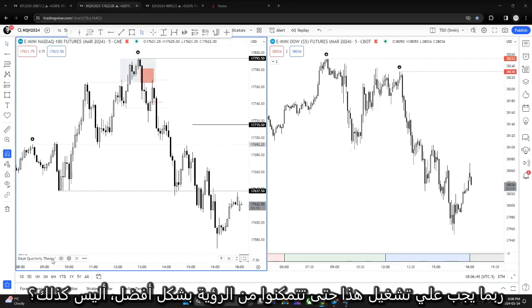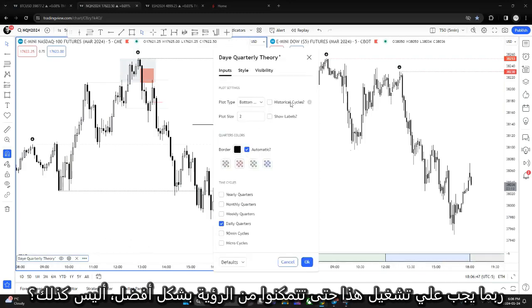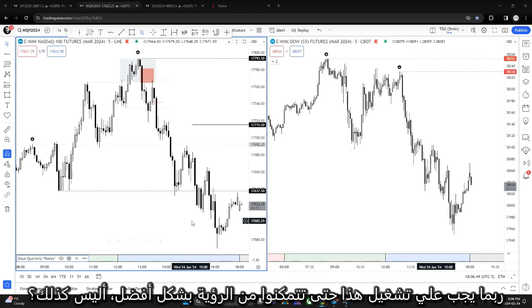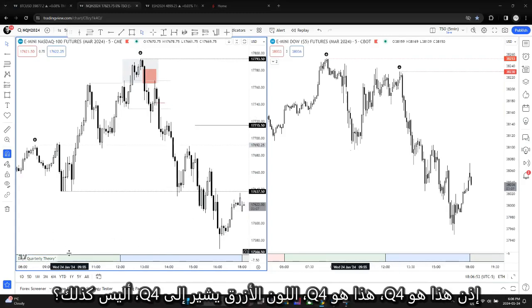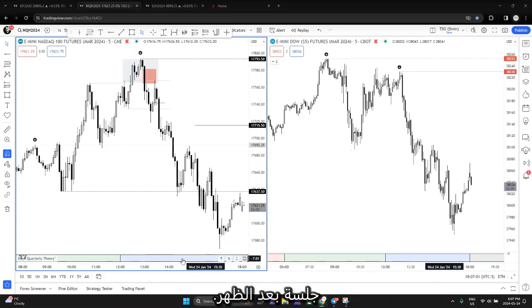Maybe I have to turn this on so you guys can completely see it better, right? So this is Q4. This is Q4. The blue annotates Q4, right? The afternoon session. This is Q3.